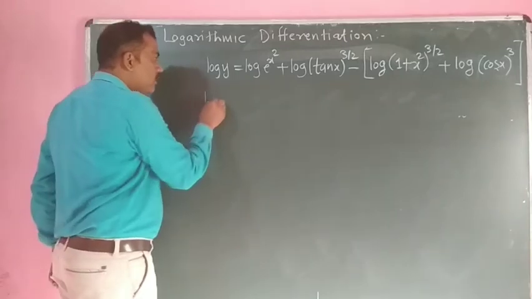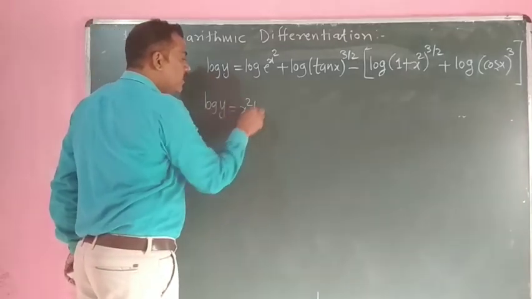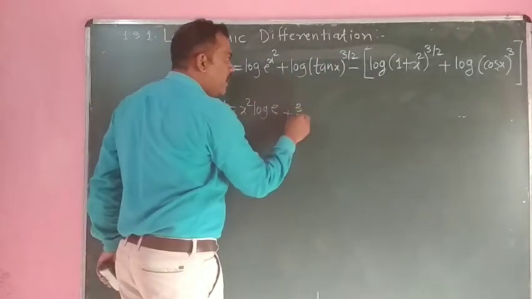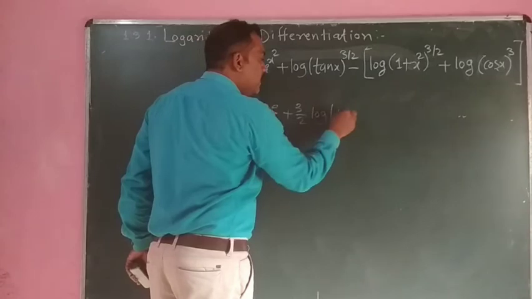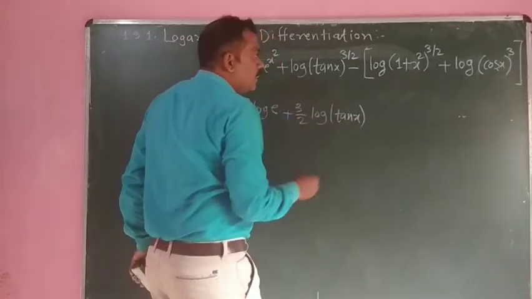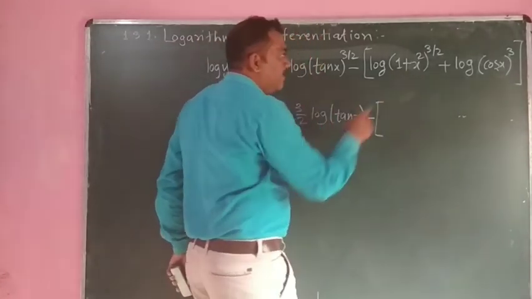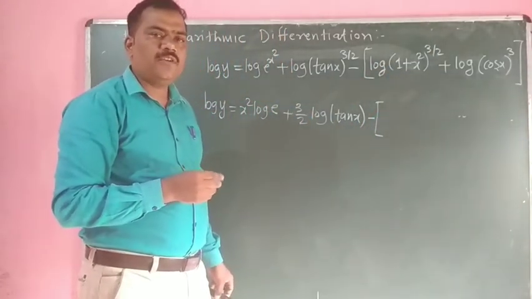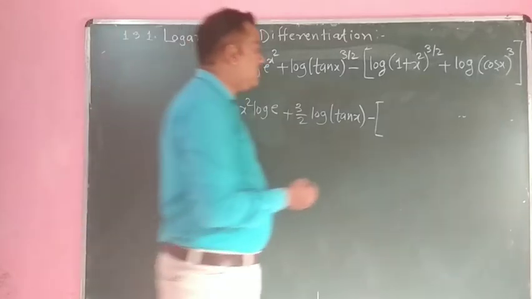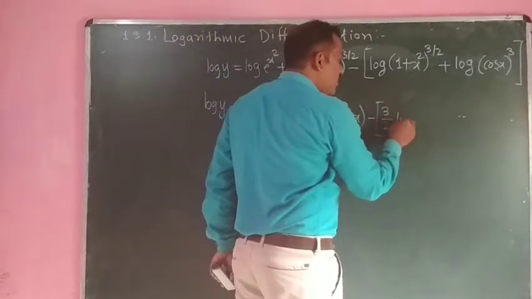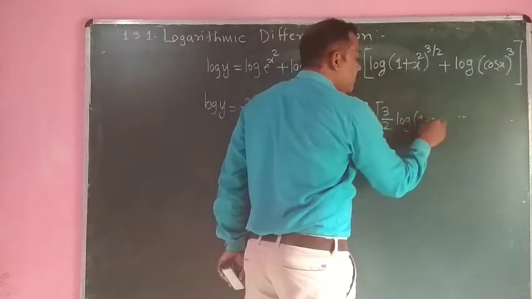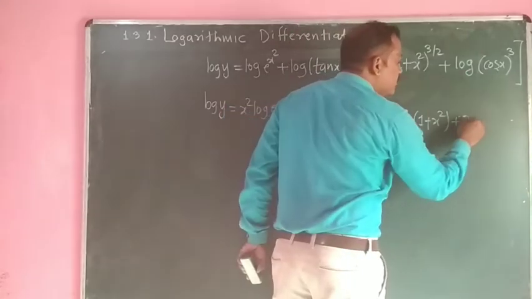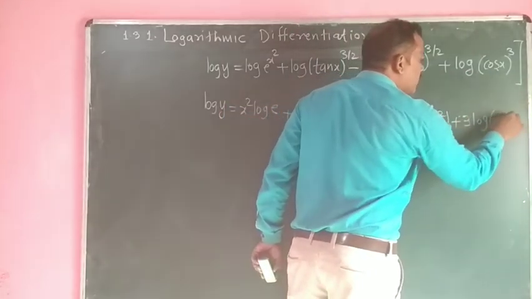So log of y is equal to x square into log of e, plus, since the power is 3 by 2, 3 by 2 into log of tan x, minus, inside the bracket the power is 3 by 2, so again using the exponent law of logarithm, 3 by 2 into log of (1 plus x square), plus, since the power is 3, 3 times log of cos x.